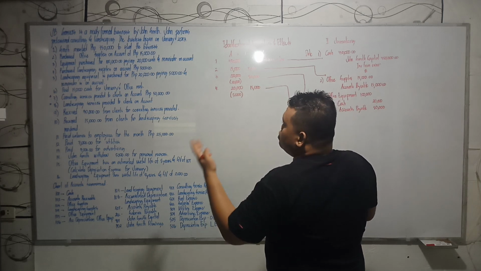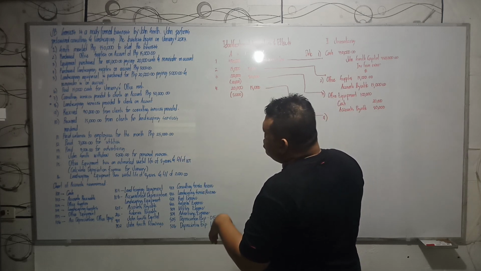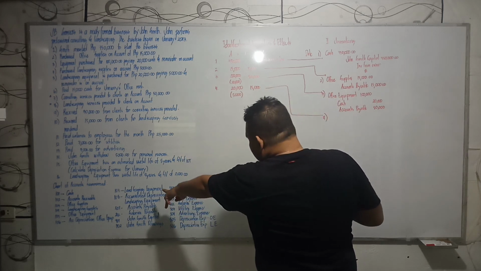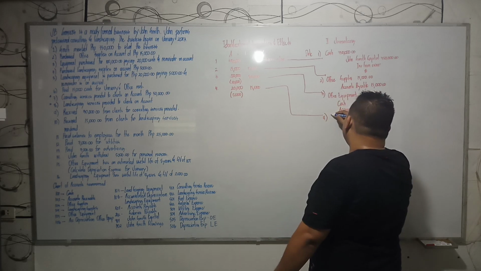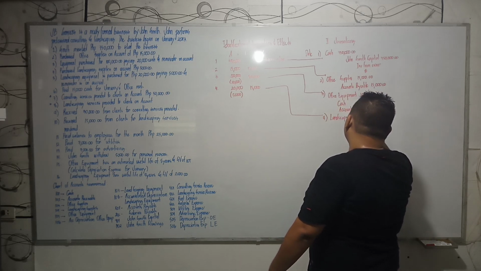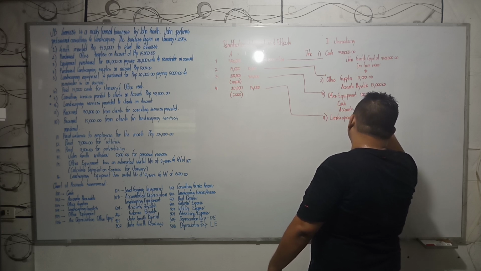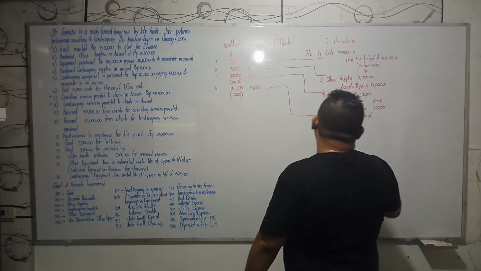Okay. So we have 20,000. That's the landscaping equipment. We have landscaping equipment here. So let's use that one. Debit landscaping equipment, because this is an asset and it increased. So debit landscaping equipment, 20,000.